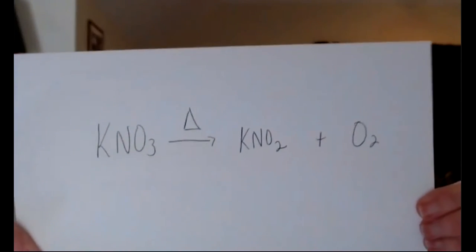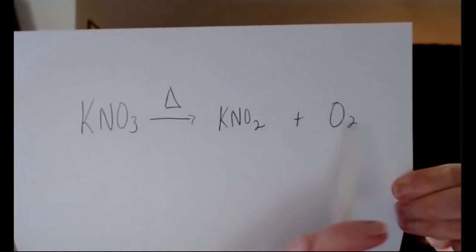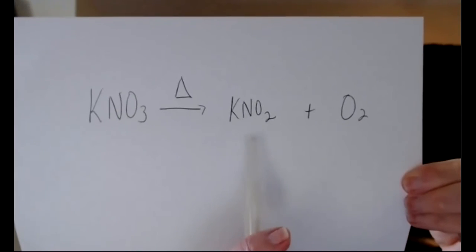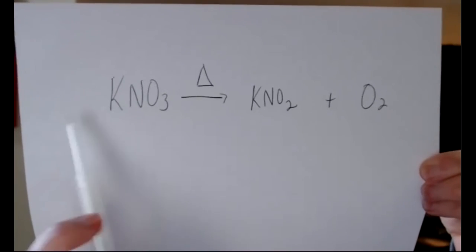I've got to write my reaction. Potassium nitrate with heat will liberate oxygen, but it forms potassium nitrite. That is called a decomposition. Not all the oxygen goes off, but some of it does in the form of diatomic oxygen. I'm going to have to go back and balance.